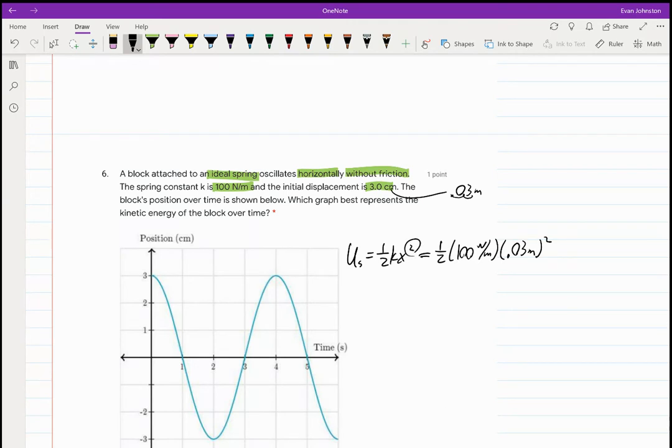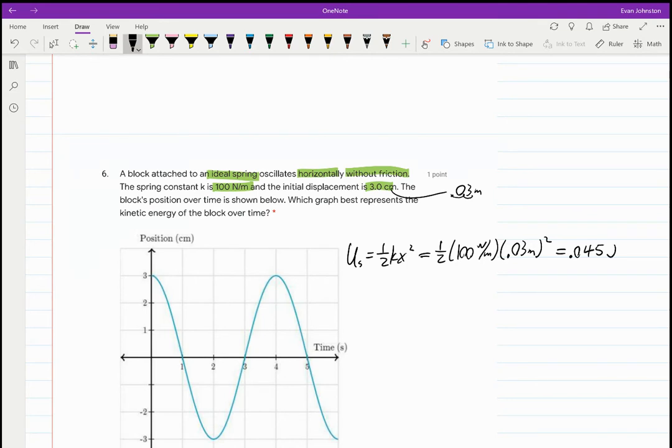Do not forget the square. That's the most common mistake people make, they just forget squares. In the gravity law and Coulomb's electrostatic force law, everyone always forgets that little squared. And so that tells me that our initial potential energy is 0.045.